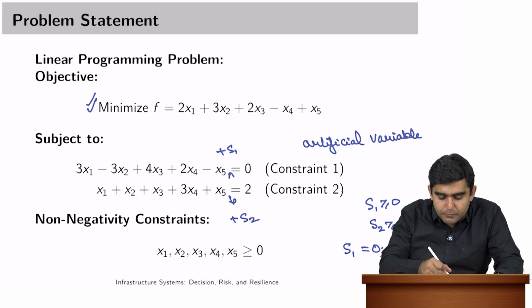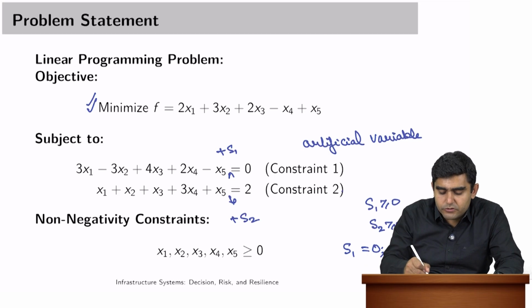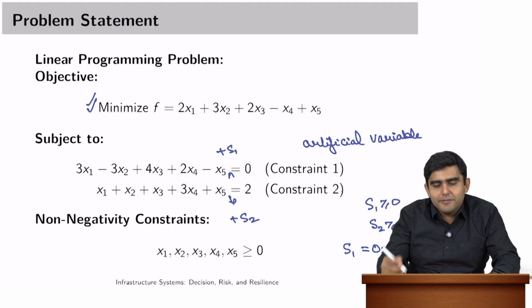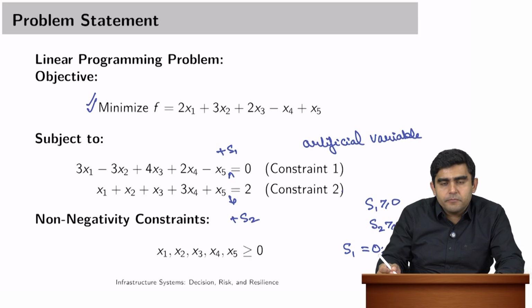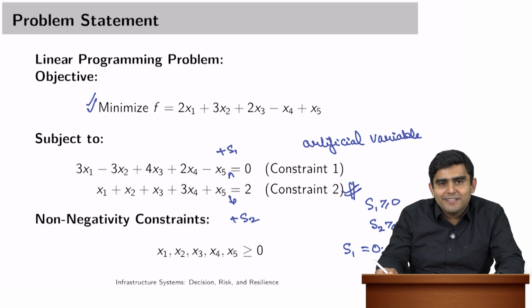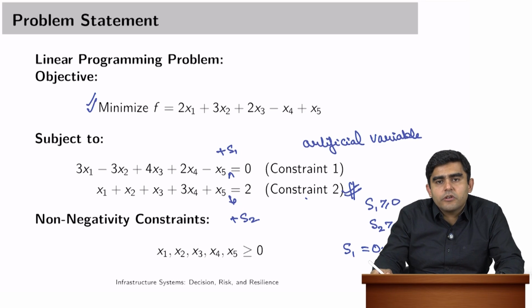I can easily put x1, x2, x3, x4, x5 equal to 0 and get my first solution of S1 equal to 0 and S2 equal to 2. Now S1 equal to 0 is fine, but S2 equal to 2 is not possible, because the moment S2 becomes 2, constraint 2 gets violated. And the reason is that it is not present in the original solution.